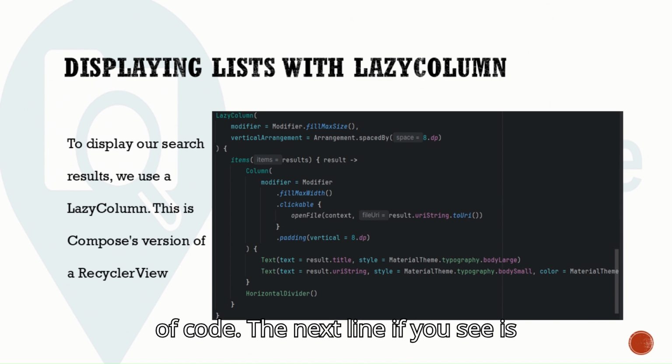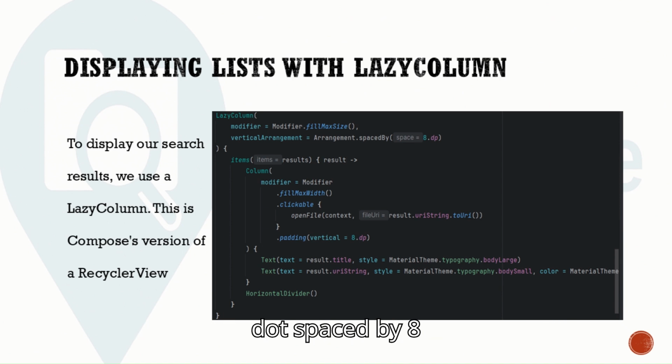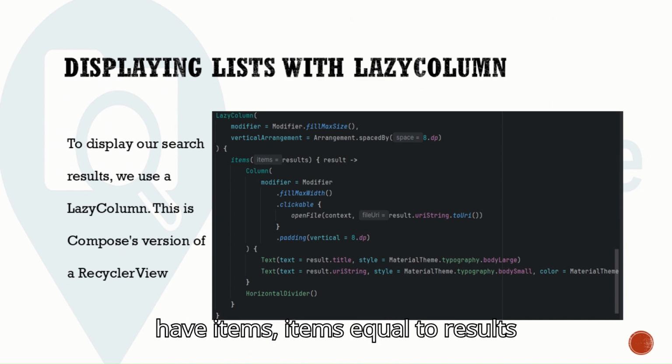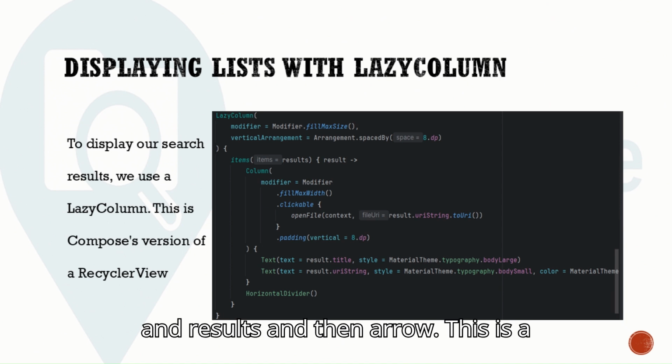The next line, if you see, is verticalArrangement equal to Arrangement dot spacedBy 8.dp. This adds 8 dp of vertical space between each item in the list, more like formatting. Then you have items equal to results, and then an arrow.